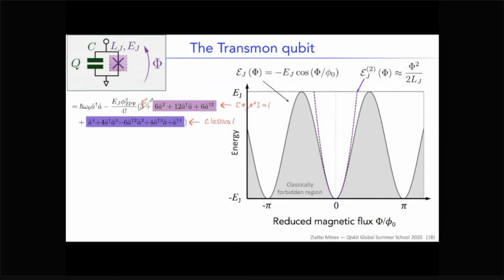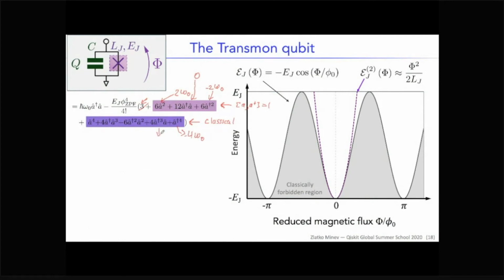Now notice that we can further subdivide these terms into pieces that oscillate at frequencies, say, 2 omega naught, pieces that oscillate at negative 2 omega naught, and pieces that don't oscillate, that are stationary. That similarly holds here. This A dagger to the 4 term in the Heisenberg picture will oscillate at a frequency of 4 omega naught, or minus 4 omega naught.